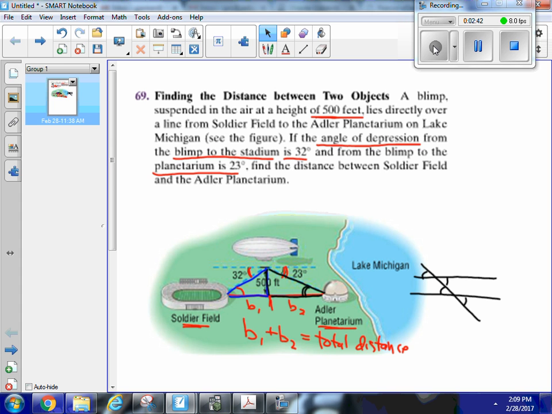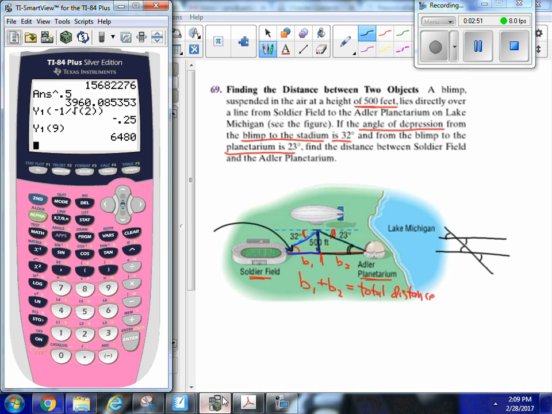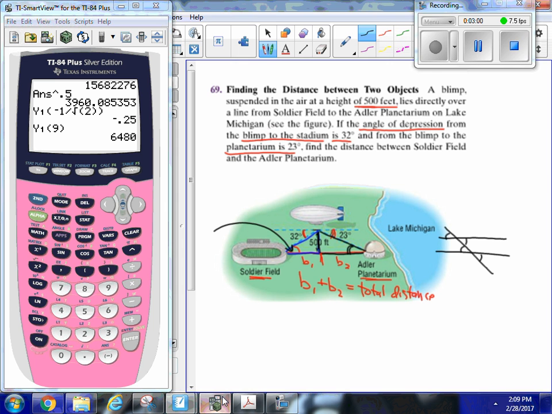Well, let's start with this one right here. And I'm going to get the calculator out. So I have a 32-degree angle, and I can do tangent, because I have opposite over adjacent. So tangent of 32 degrees is equal to 500 divided by base sub 1.